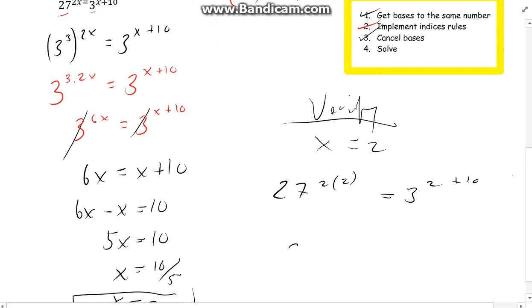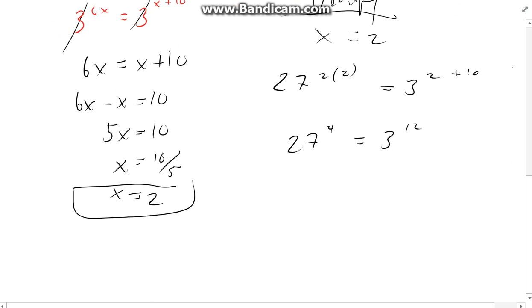That's going to be 27 to the power of 4 equals 3 to the power 12. You're going to need your calculator. 27 to the power of 4 will give us 531,441, and 3 to the power 12 will give us the exact same thing, 531,441. So therefore we've verified our answer.